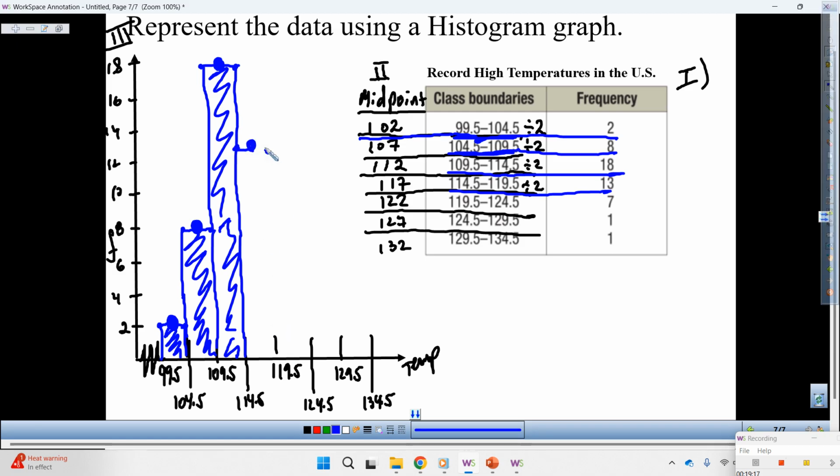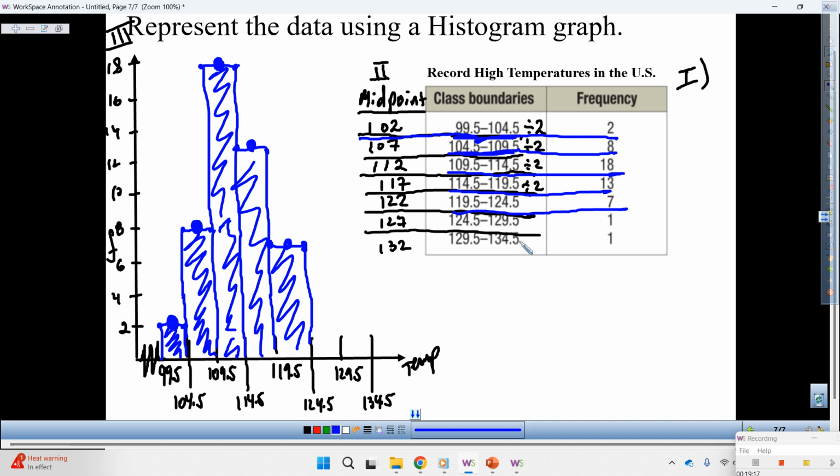Midpoint. Fill. The next one is to 7. And the last 2 to 1.